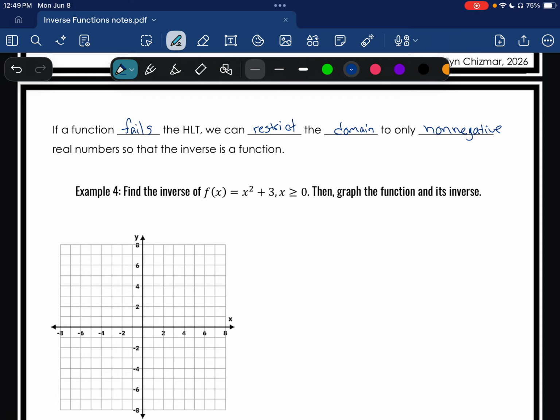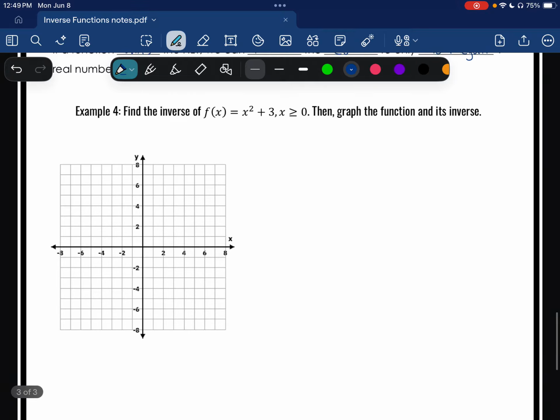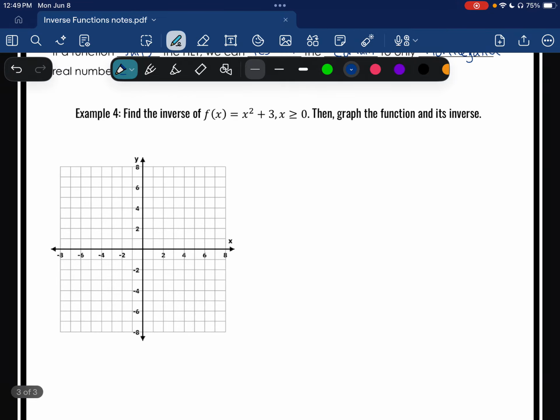Now the inverse. So first we're going to replace f of x with y. So y equals x squared plus 3. Next we're going to swap x and y. So x is equal to y squared plus 3.